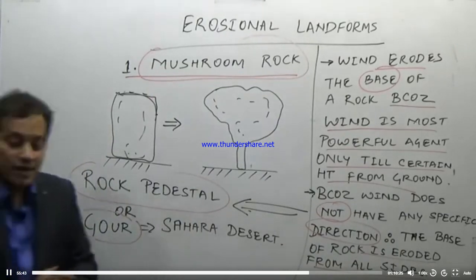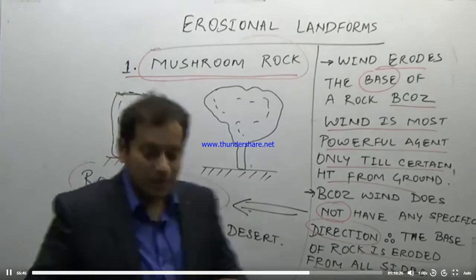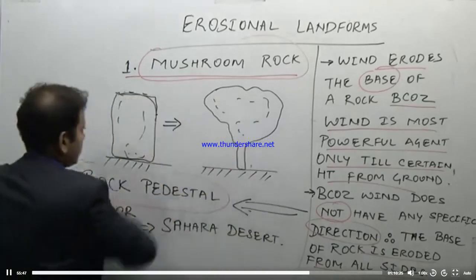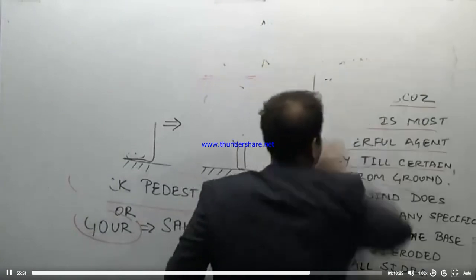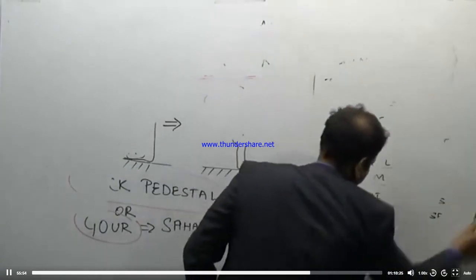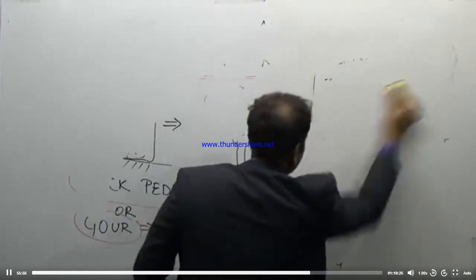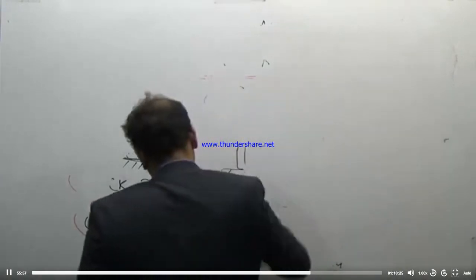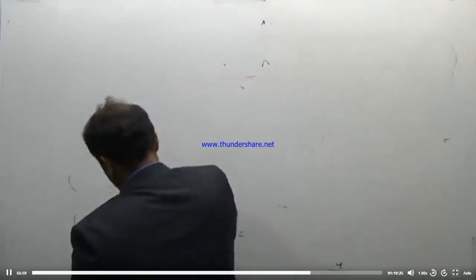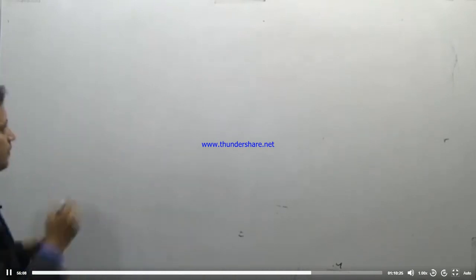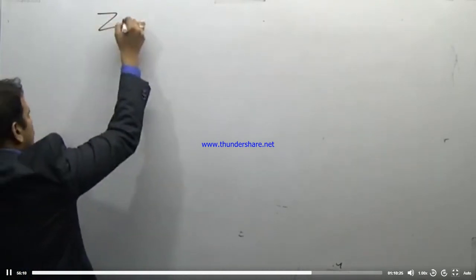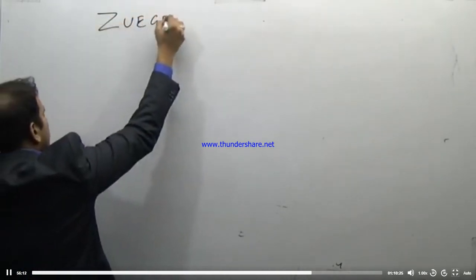The second kind of erosional landform is Zeugen.